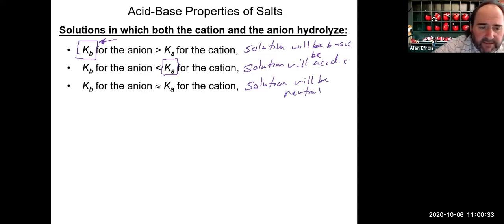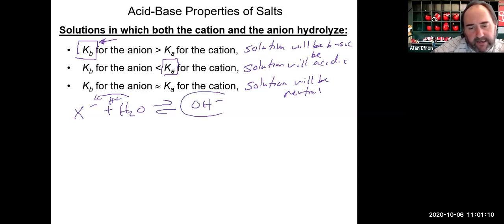So if you do come across a salt where you've identified that both parts of the salt have the potential to react with water and go through hydrolysis, we look at the Ka and the Kb values, and whichever one is larger is essentially the calculation that you should do. So again, if the Kb is larger, you should be doing a hydrolysis reaction that produces hydroxide. So you should have an anion plus some water. It's going to accept the H plus, and you should produce hydroxide and use your Kb.